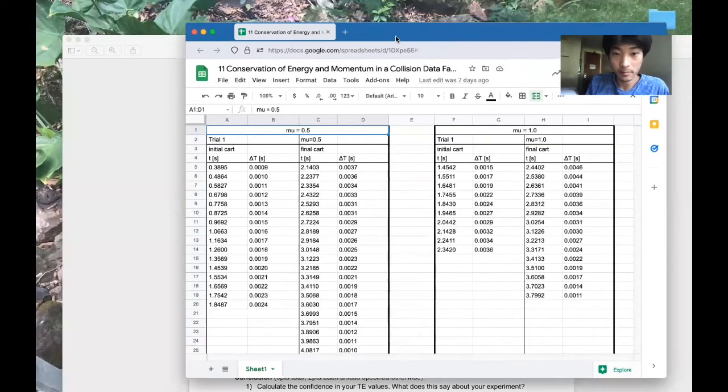So let me write the formula on the left. This is the formula that you use to get the S's from the delta T's. And in this case, you're going to want to use 343 meters per second for your VS.